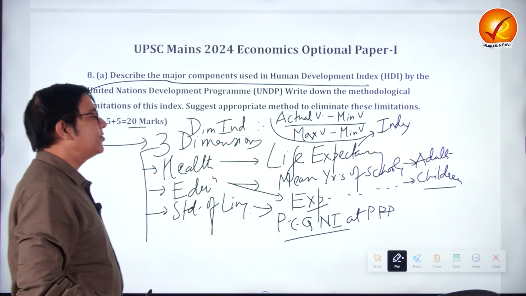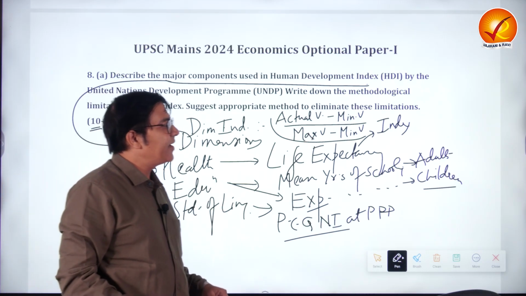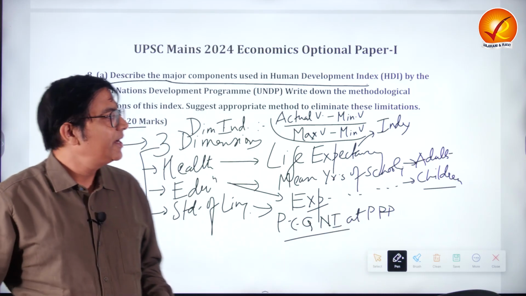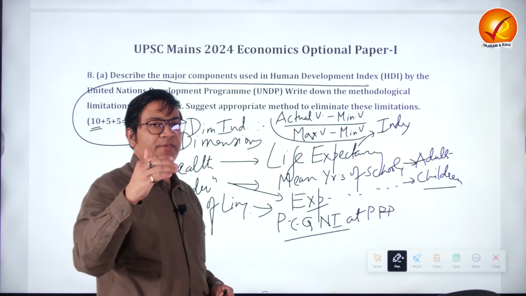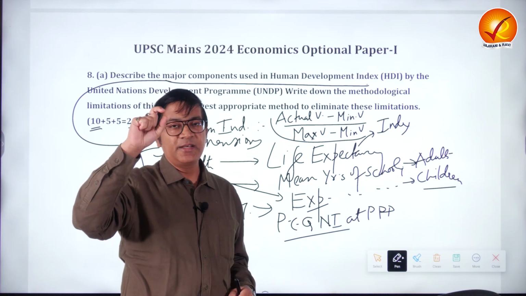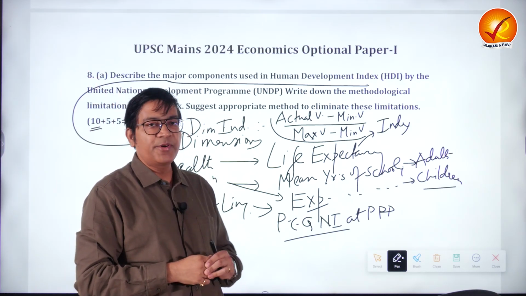You must have done this. Those who want to read more on this can easily find those documents on the UNDP websites. It's openly available. Every time the Human Development Report comes, they also give a summary of it. There is also a note by the name of technical notes in the Human Development Report.